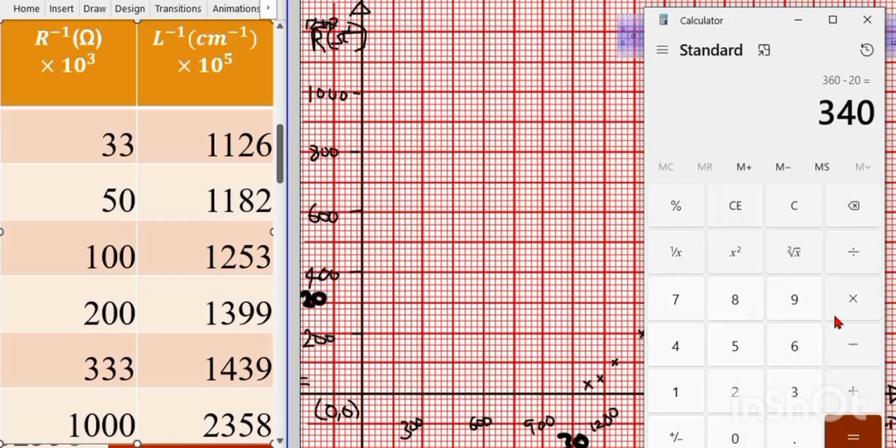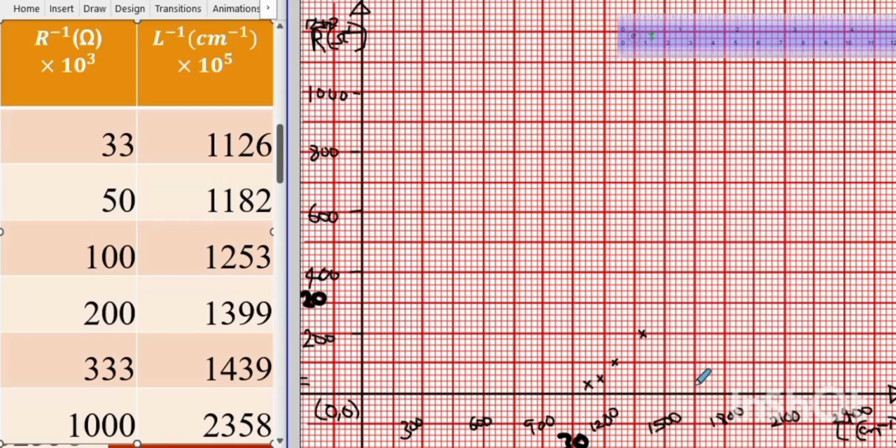So we can say it's between the second line and the third line. Between the second line and the third line. See here, coming down 1, 2, 3.